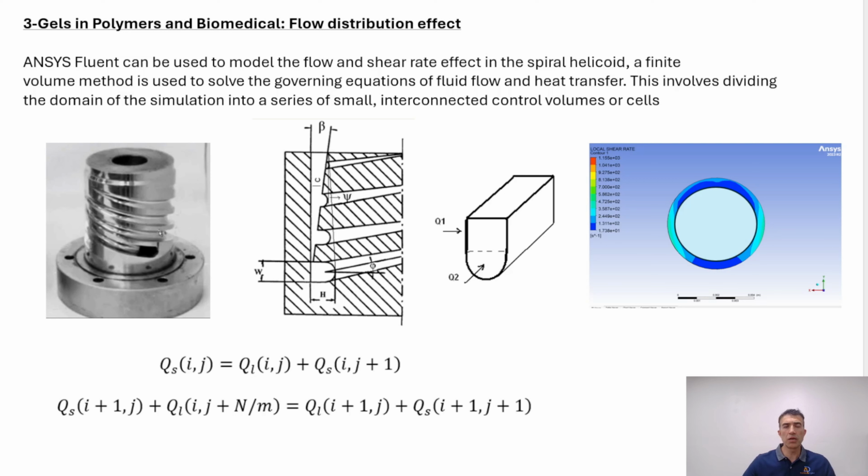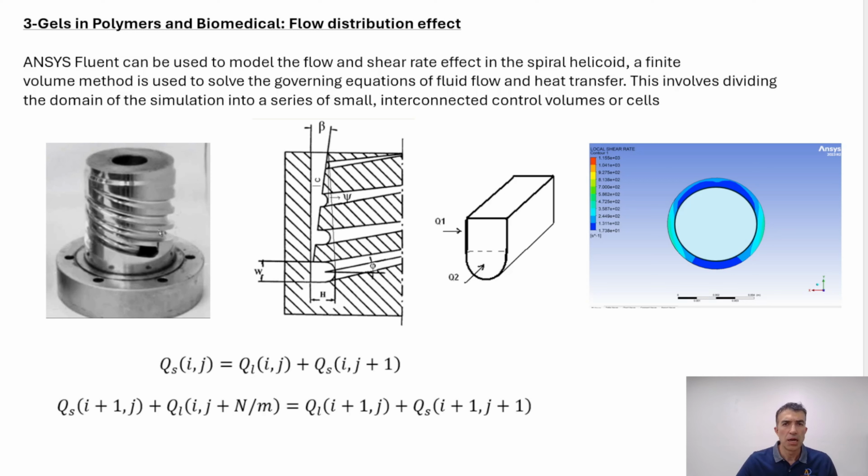So if you are extruding a polyurethane or a PEBAX, it's very important to make sure that you are using the right helicoid, the right design for that specific extrusion. To do that, you can use ANSYS software to model the flow that is coming out of the grooves and going to your pin and die. That flow has to be uniformly distributed around the circumference of your annulus.